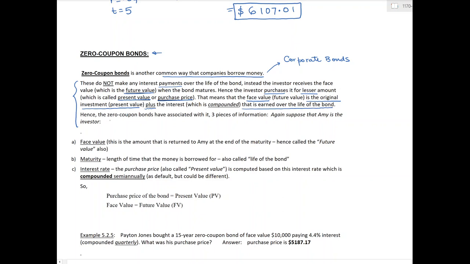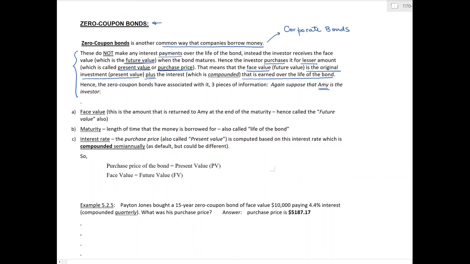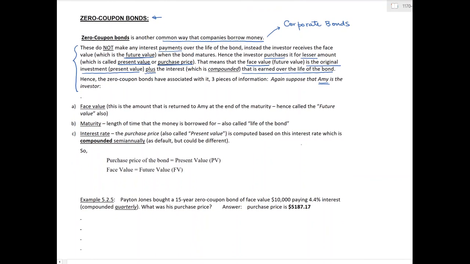So the zero coupon bond has three pieces of information associated with it. Now this time let's suppose that Amy is the investor who is buying these bonds. So suppose this is that piece of paper, a zero coupon bond.